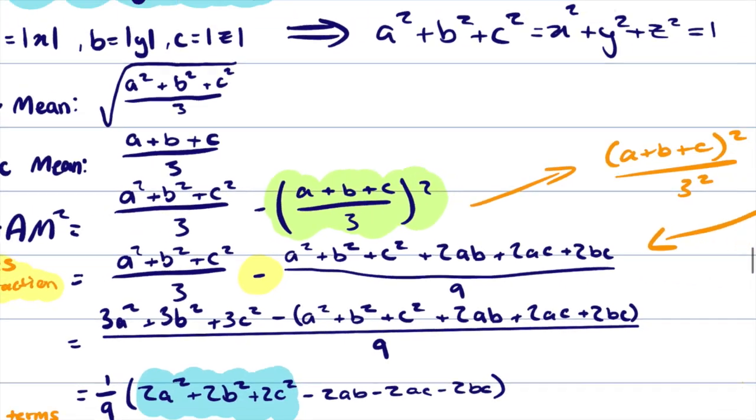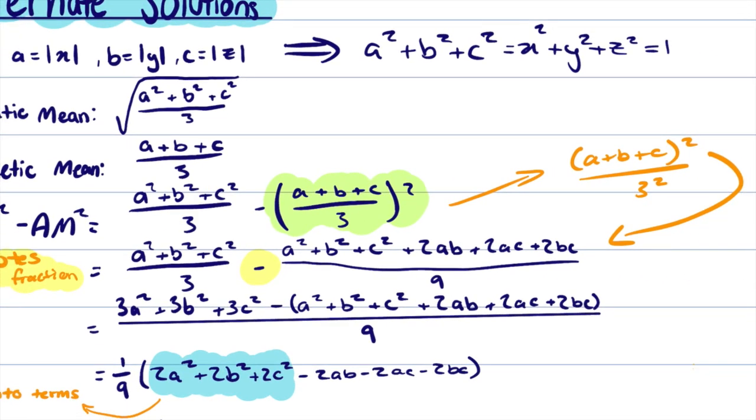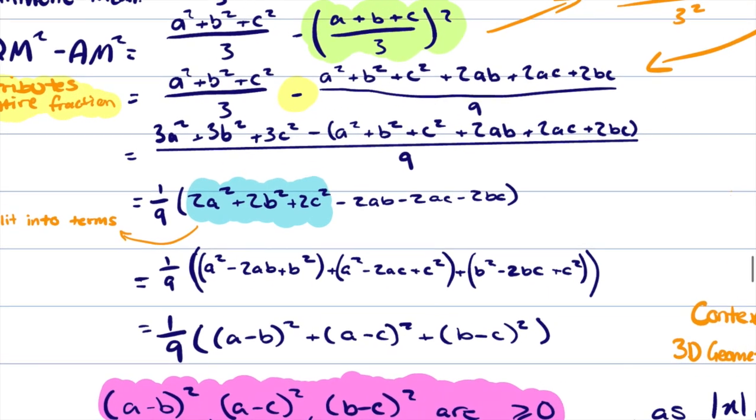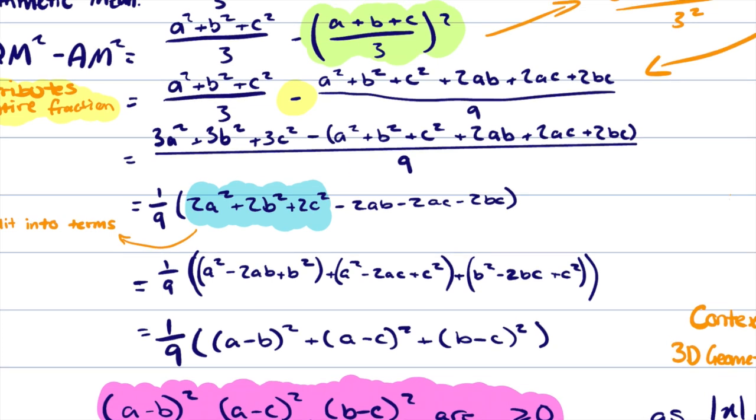From this, we know that we can split up our square terms and expand through, as seen in this step. Combining fractions, making sure we distribute the negative to the entire fraction, and multiply this side by 3 to make sure we get a common denominator, we can obtain this expression of a ninth times 2A squared plus 2B squared plus 2C squared minus 2AB minus 2AC minus 2BC.